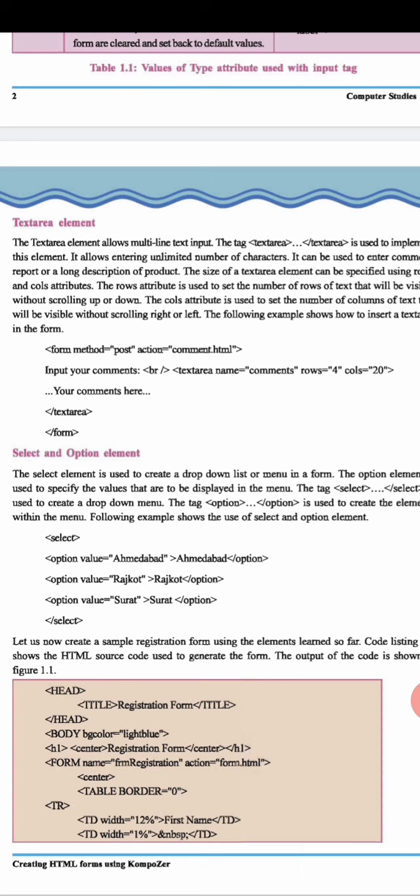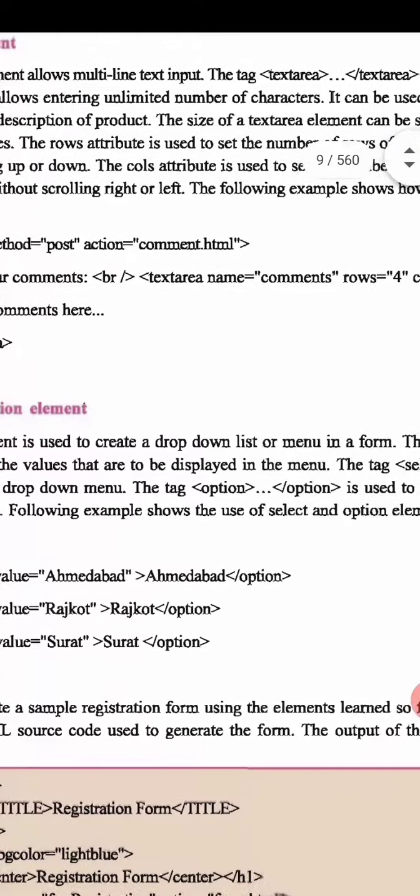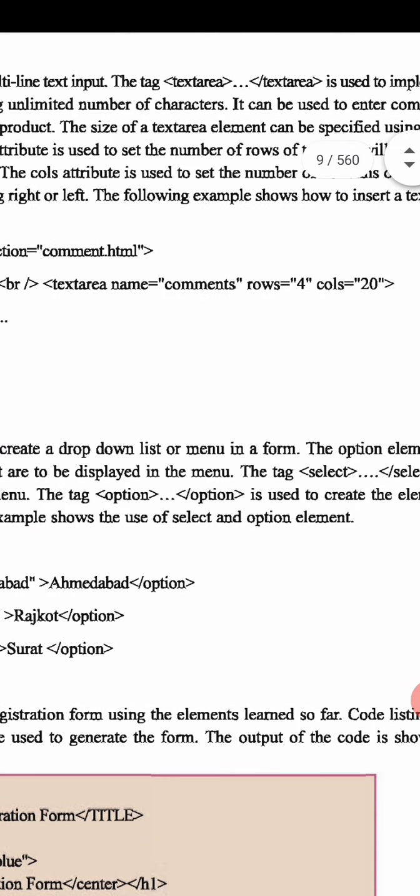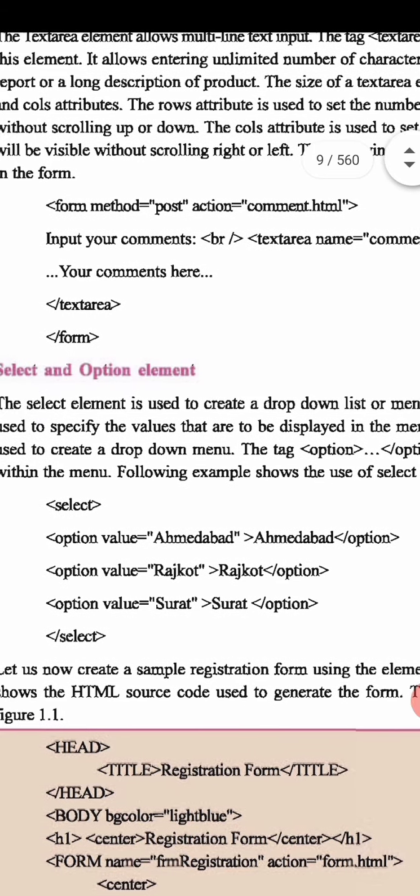So whenever you are using the textarea tag, you have to give its other attributes also, that is the name of the text box, then how many rows you want and how many columns you want. And it's also a paired tag. You have to close the tag. See, you can see over here, textarea, name, rows and columns, and then they have closed it.